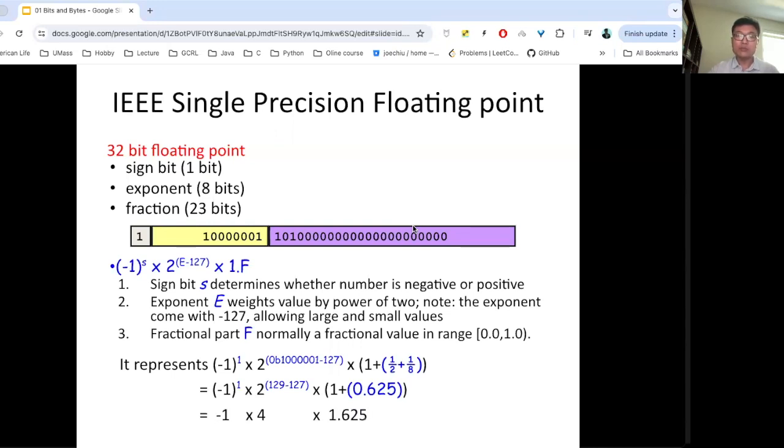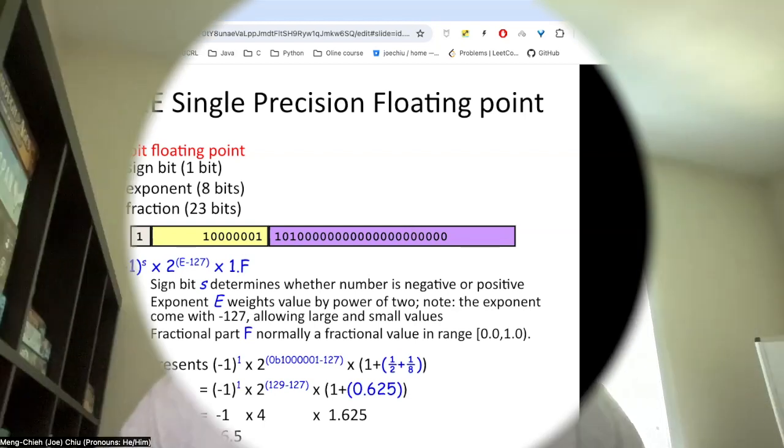Then we do minus 1 times 4 times the rest of the fractional part, and we get the final value. This is the whole idea. We put the whole idea together into the system. That's the reason we have a specific format for the exponent part, for the fraction part, and also for the sign bit.